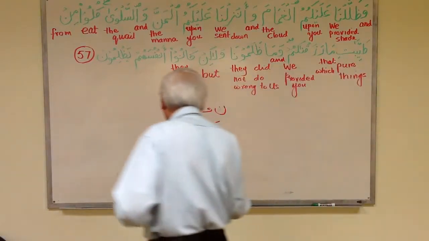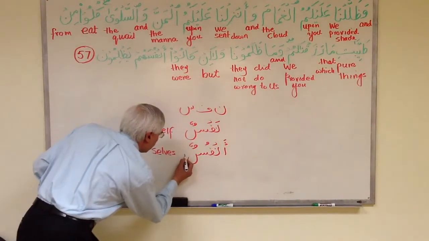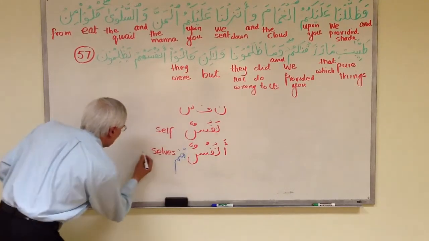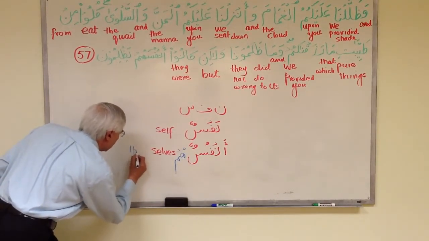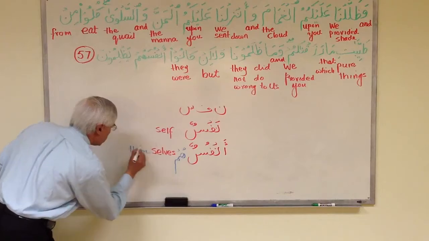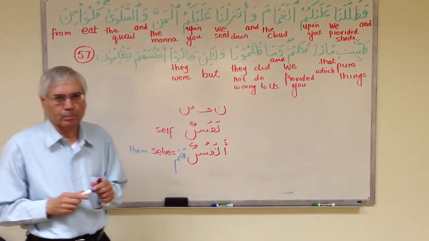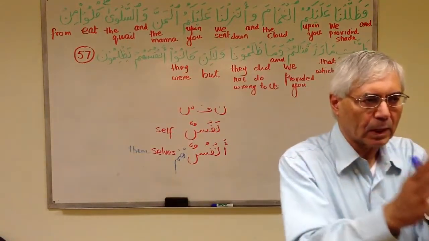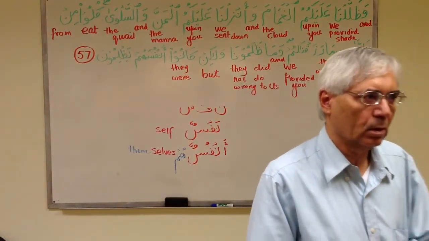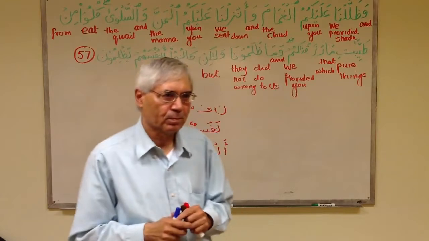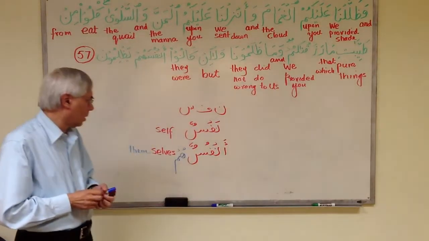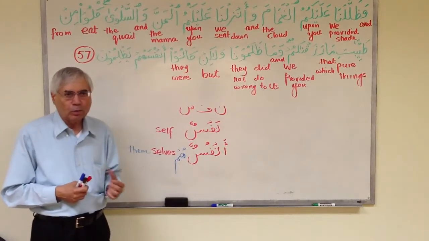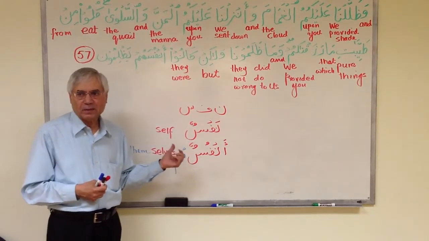Okay, if I add hum after that, hum means them, so it will become themselves. Now we are talking about the third person plural. Themselves. Okay? So, by combining these two, some changes will happen.